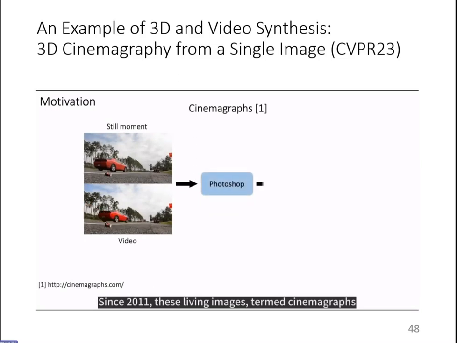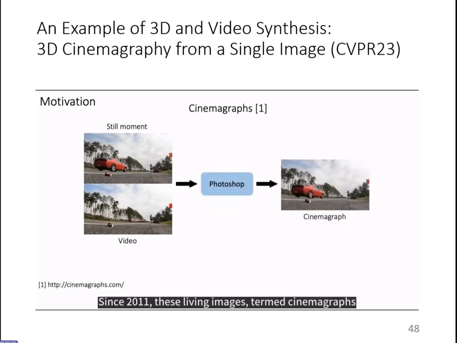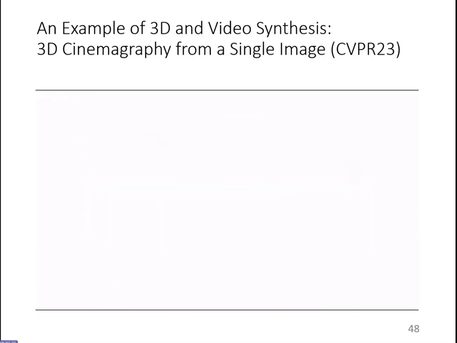Since 2011, these living images, termed cinemagraphs, have already been created and gained rapid popularity online. However, they usually entail a video as input and fail to deliver an immersive sense of 3D to audiences. We are therefore motivated to explore ways of animating the photos and moving around the cameras at the same time from a single image.